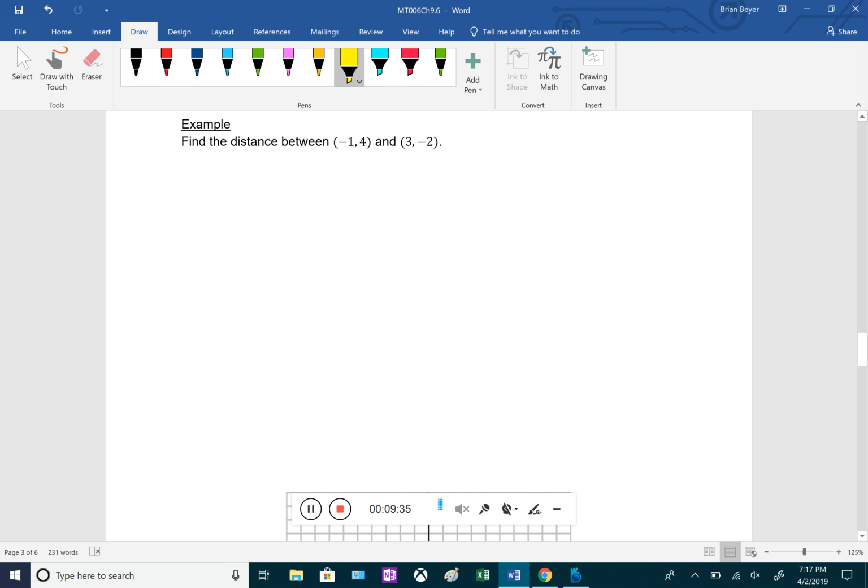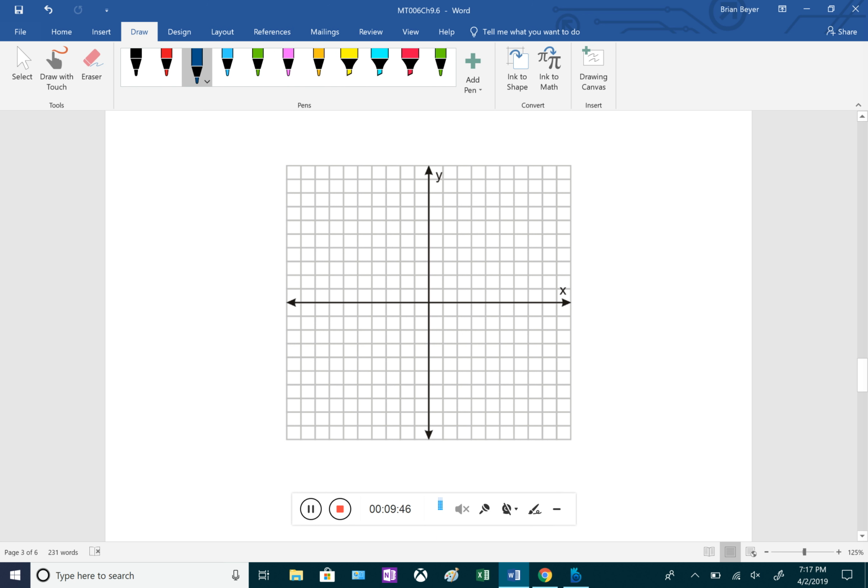So if we want to find the distance between -1, 4 and 3, -2, let's plot these so we get an idea of what they are. So -1 comma 4 means we are going to the left 1 from this origin spot right here in the middle. So we're going to the left 1 and we're going up 4.